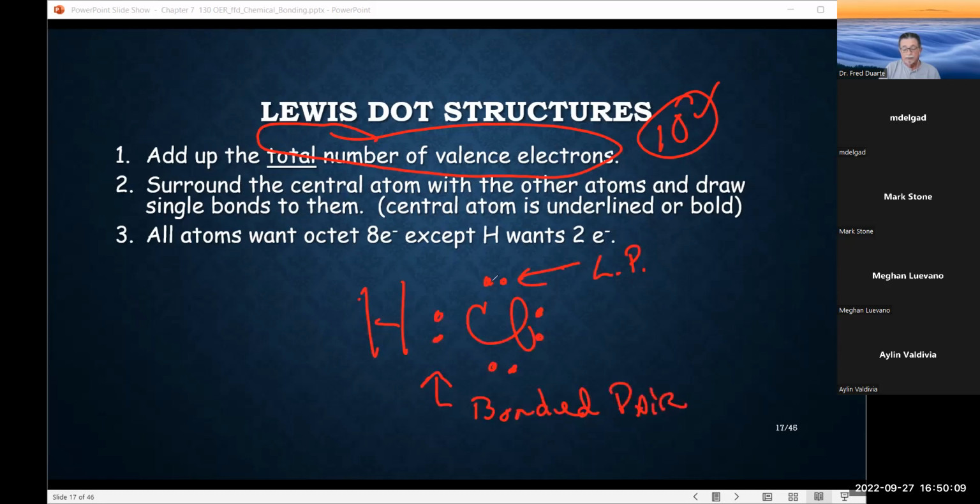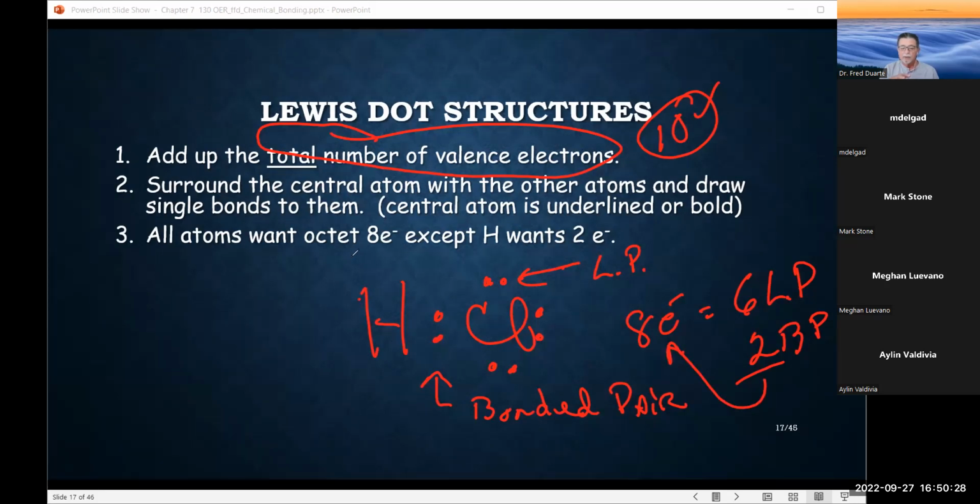Okay, now around the chloride, there are 8 electrons. Of those 8, 6 of them are the lone pair, and the other 2 are the bonded pair. Okay, so it's a total of 8. So the octet has been fulfilled for the chloride. With respect to hydrogen, there are 2 electrons that are being shared with the chloride.